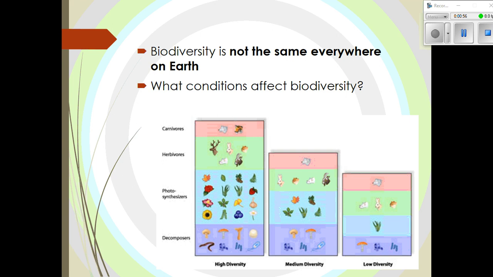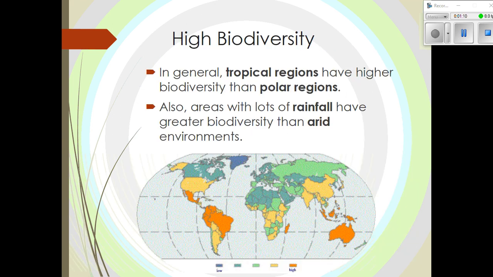Biodiversity isn't the same everywhere on Earth. Some areas have high diversity. You will find a great variety in living things. Some areas have low diversity. There is very little variety amongst living things.